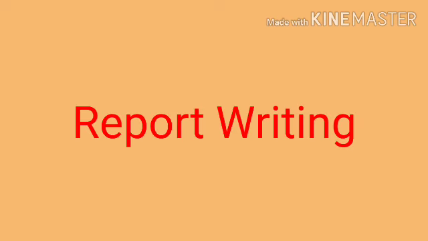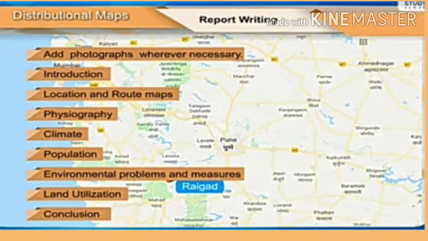Students, after the completion of a field visit, you have to write a report also. So let's learn report writing. A field report should be written on the basis of the information obtained after the visit. Use the following issues to make a report. You can add the photographs wherever necessary. You should write the introduction to your report.